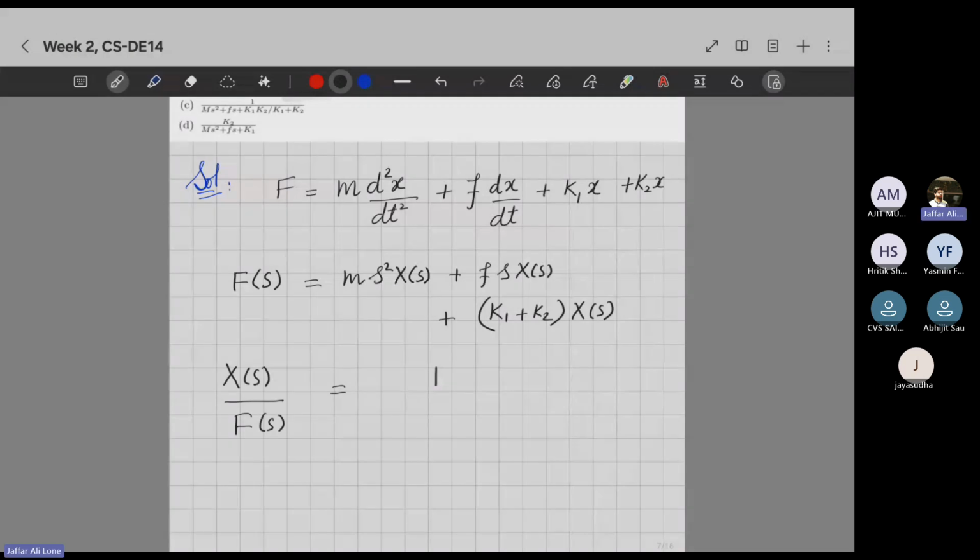It will be 1 divided by m s square plus f s plus k1 plus k2, as simple as that.